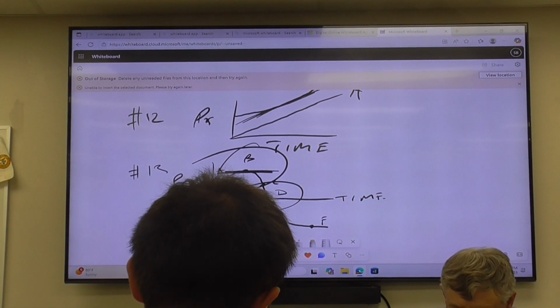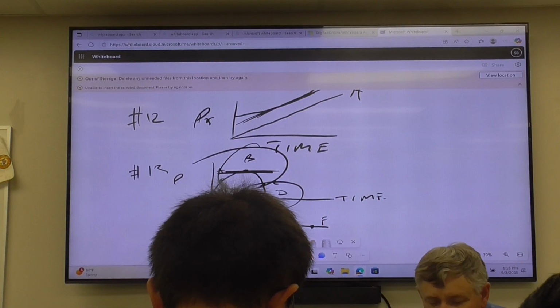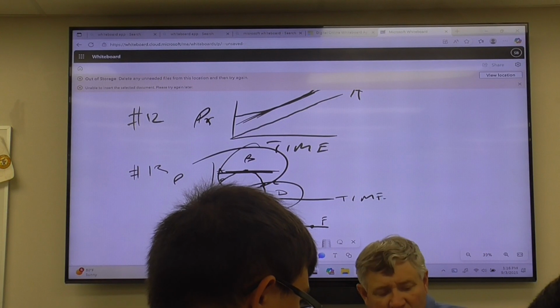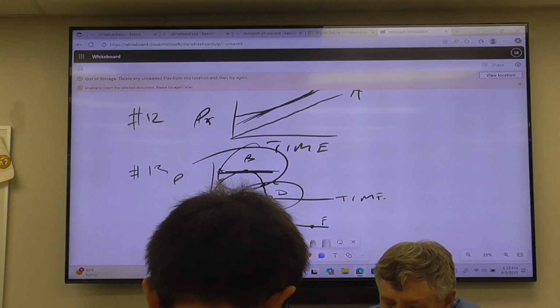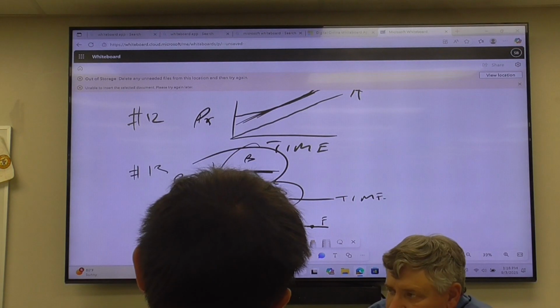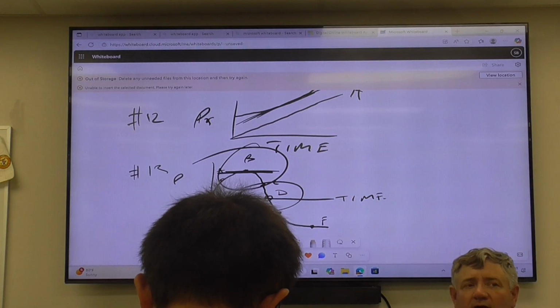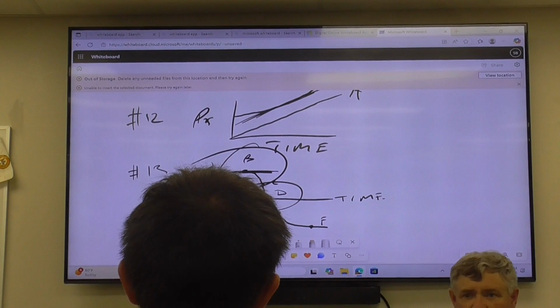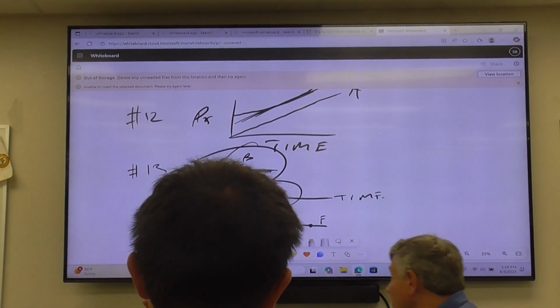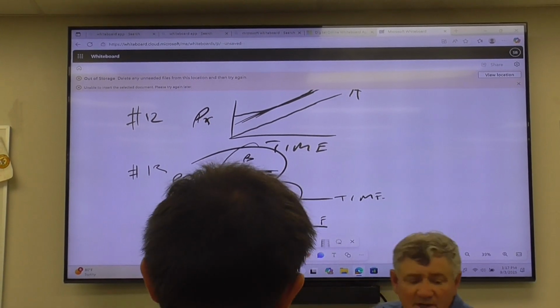Well, let's talk about slowing down, okay? For example, let's talk about 13C, where it says speeding up. If it's speeding up, what's happening to the slope of the line? It's getting steeper, right?